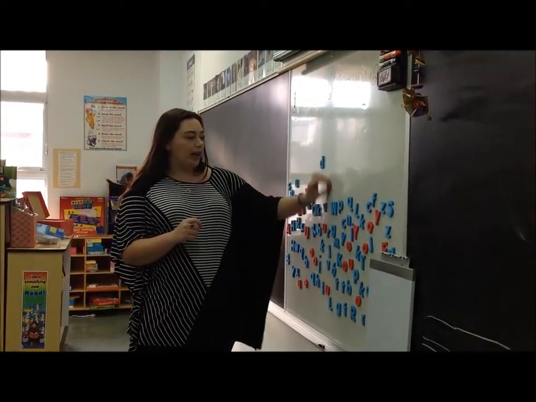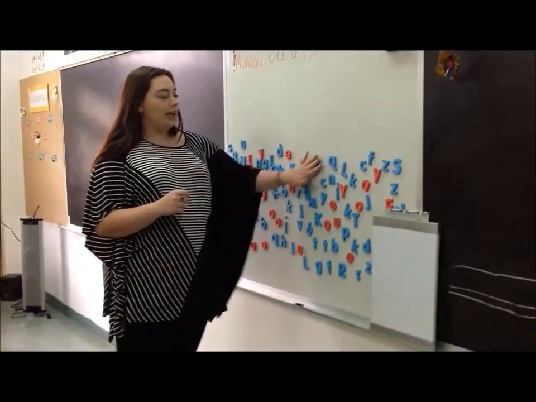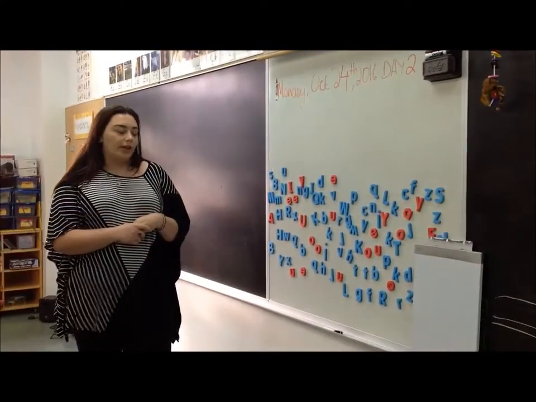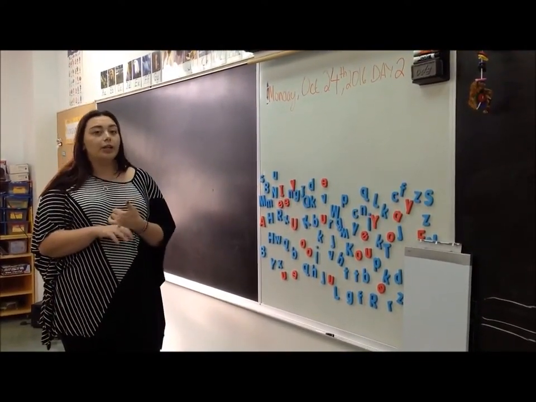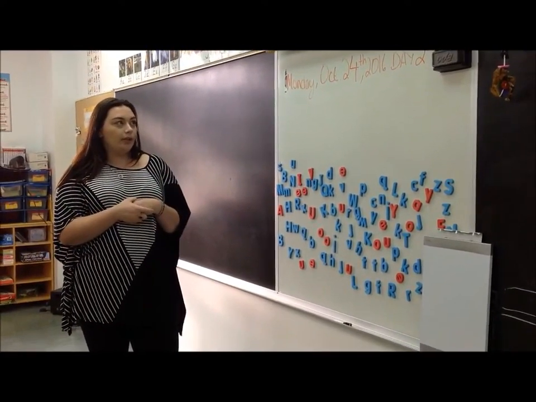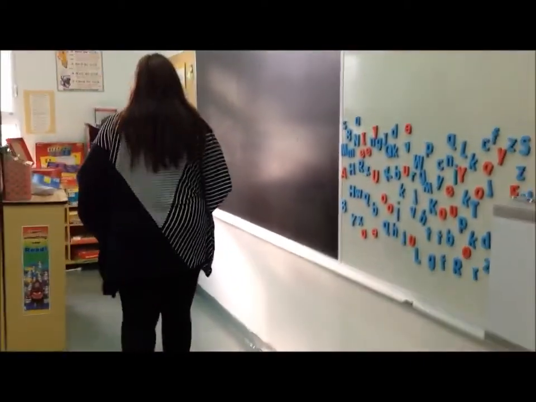So when they're learning how to spell, they actually come up to the board and they'll play with the letters and try and find different things so that they get the spelling right. We work with Jolly Phonics words as well as Dolch sight words, which are the 200 most common English words in our language.